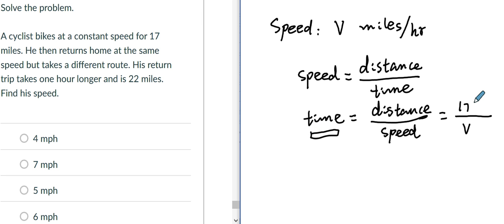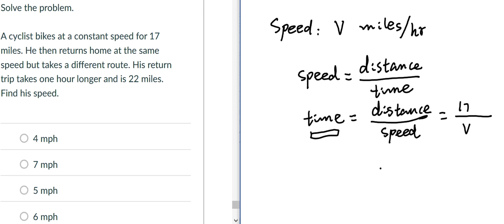So if the speed is, let's say, 17 miles per hour, and you travel 17 miles, your time will be 1 hour. If your speed is 34 miles per hour, then it will be half an hour. Okay, so that's the formula.